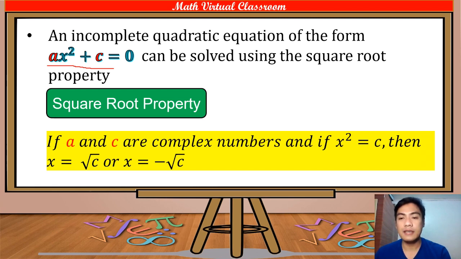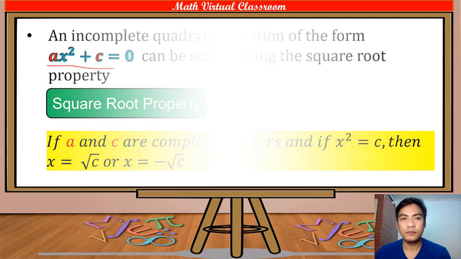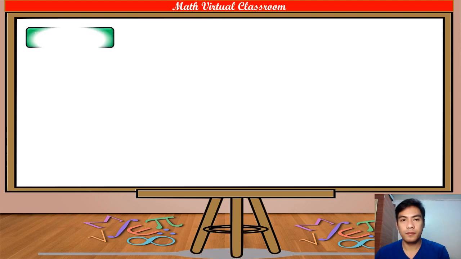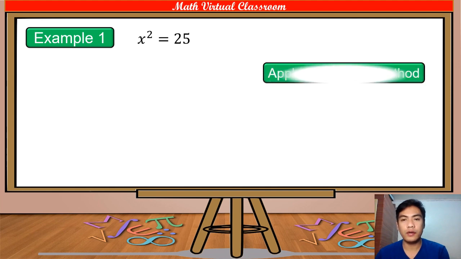So let us have examples of how we are going to solve a quadratic equation using the square root property. Example number 1, x squared equals 25. So we could already use the square root method.